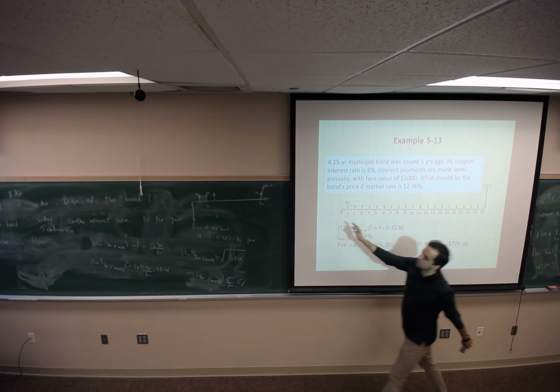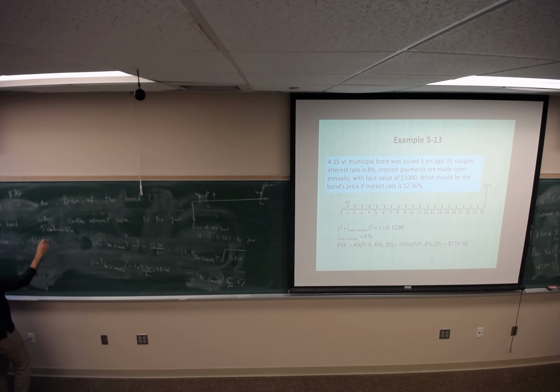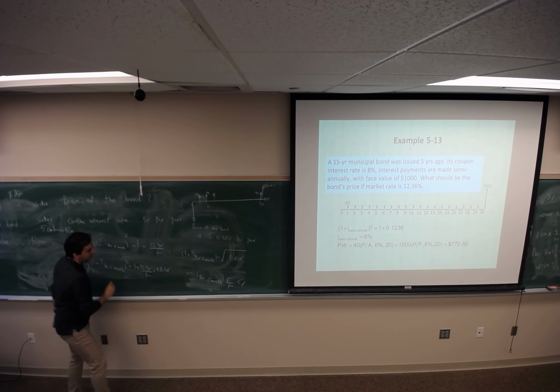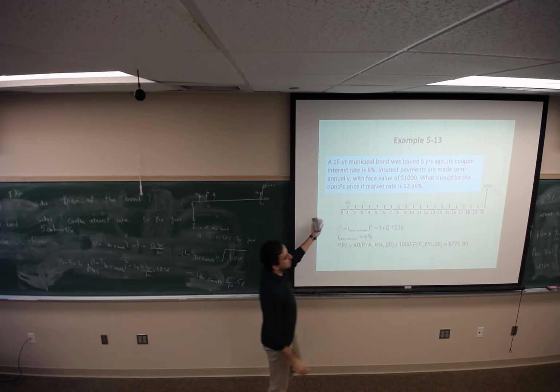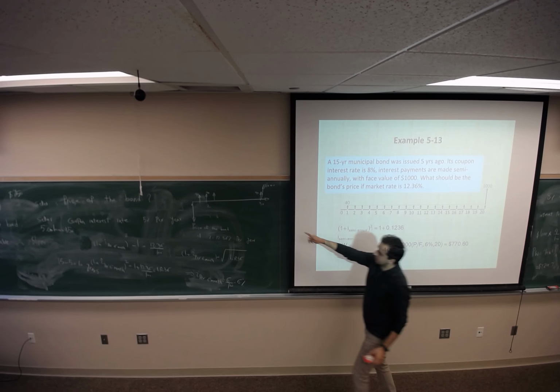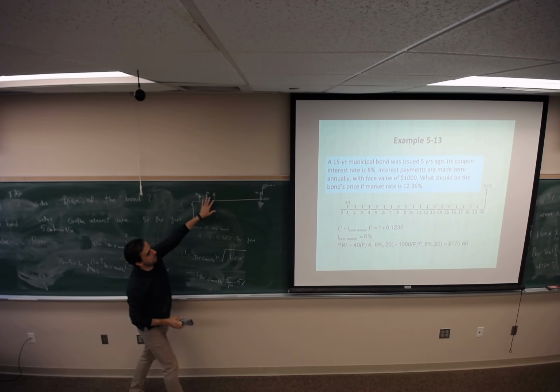So the bond's life was 15 years. 15 years minus 5, we have 10 years left. So 10 years means 20 periods of time, 2 periods per year. So 30 is gonna change to 20. The rest is gonna be the same.